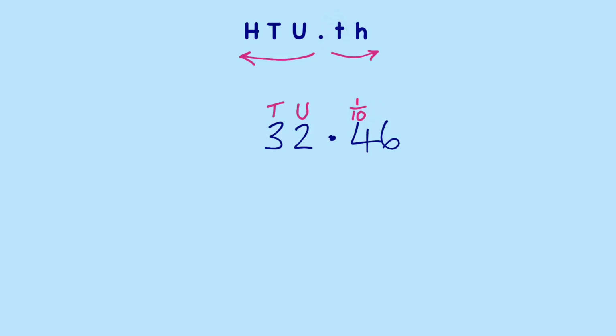So we know that this 4 here is worth 4 tenths. And then the 6 is worth 6 hundredths. Sometimes you'll see that written as hundredths, and sometimes you'll just see a small lowercase h. So we have the number 32.46. That means 32 whole ones, 4 tenths, and 6 hundredths.